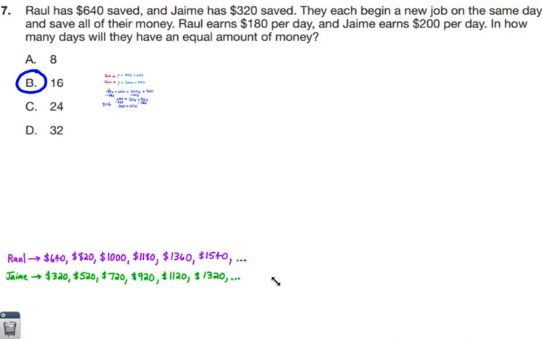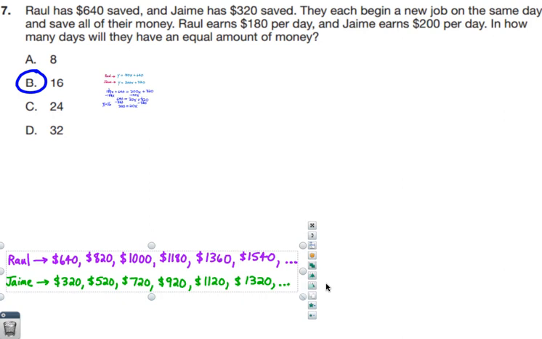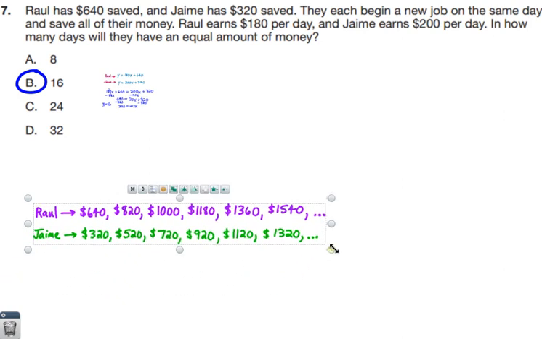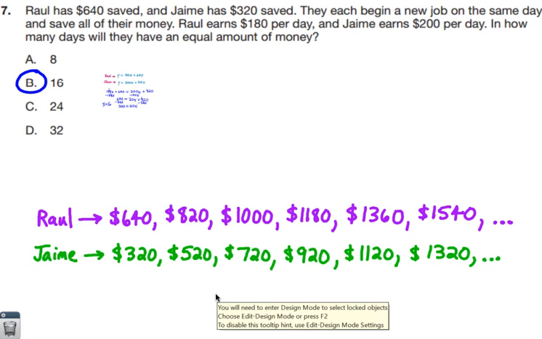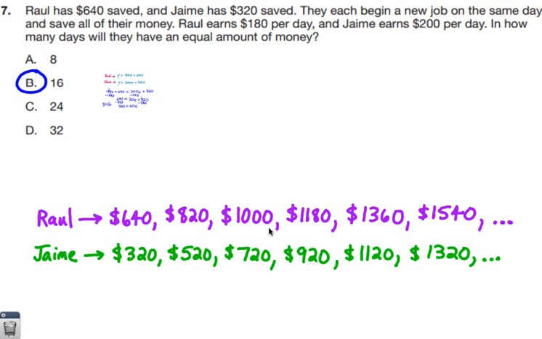That might have been something you thought to do, where you literally keep track of Raul's day-by-day total money, where this is basically day 0.